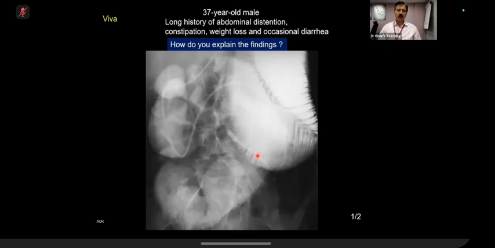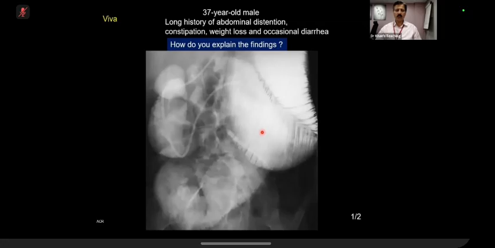Because the circular muscles are affected, there is loss of capability of elongation of the bowel. At the same time, there is no loss of capability of dilatation. So there is crowding of folds in a dilated bowel loop of the small bowel. It is absolutely pathognomonic. No other condition in the world can cause this.